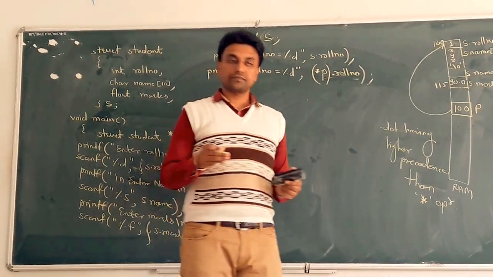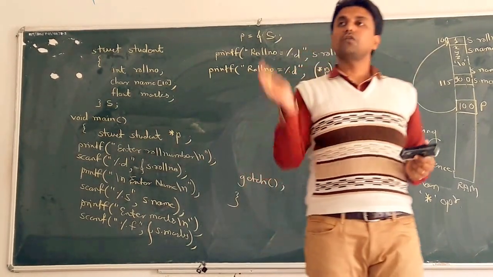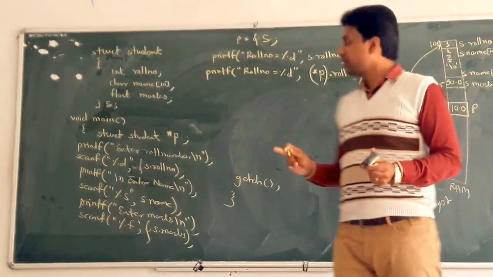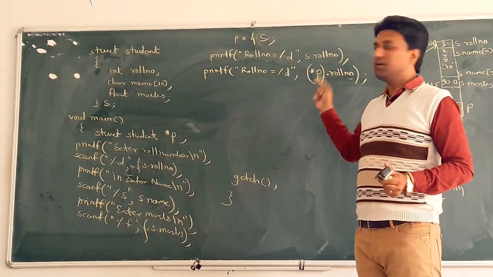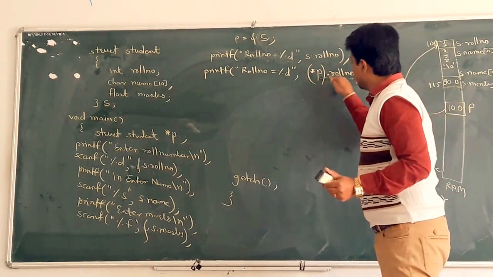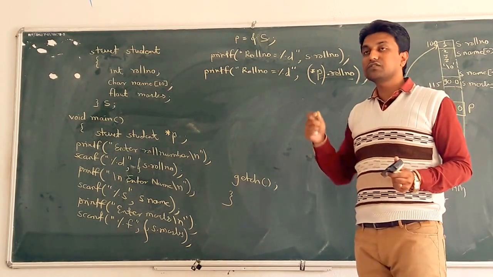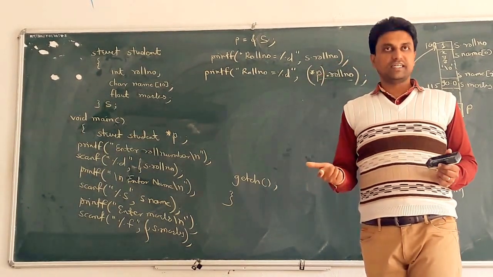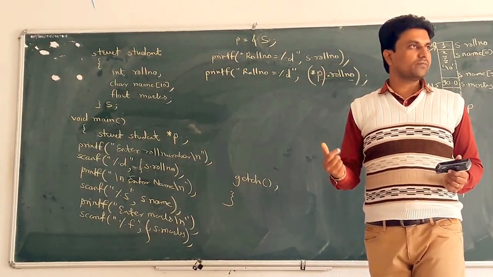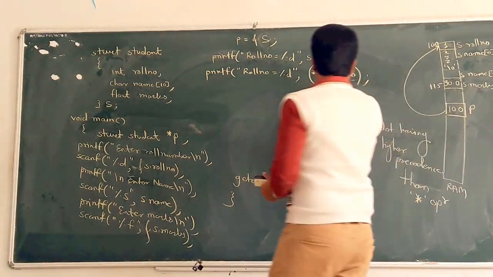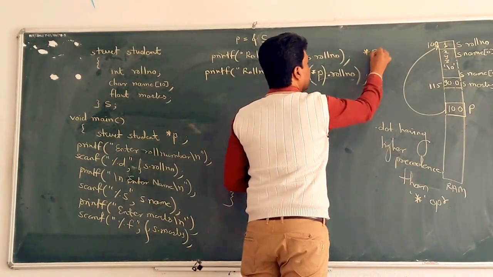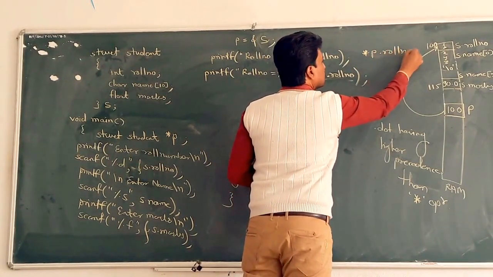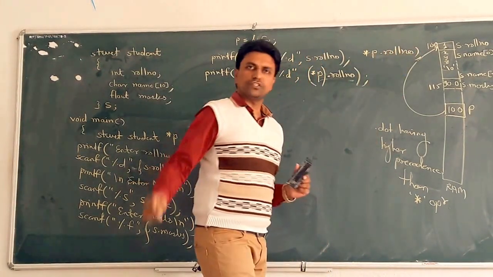But while typing this, it always gives you an error because we don't use parenthesis, and it is somewhat typical. Pointer P in parenthesis, dot roll number. Okay, it is somewhat difficult to understand. Most of the time, users do not understand why to give parenthesis. If we write like that, why does it not execute?